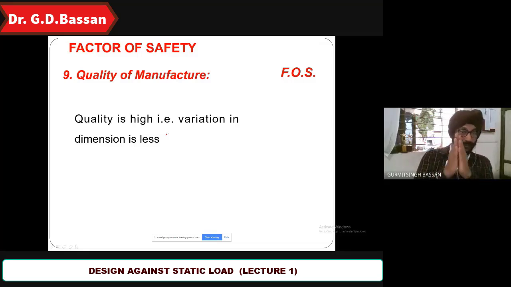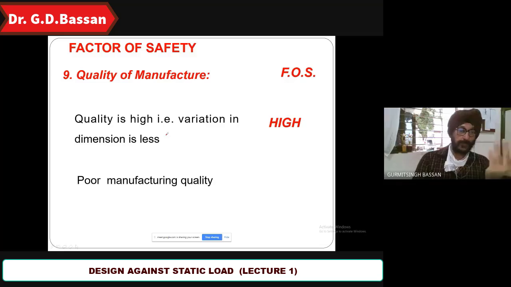If you are going to increase the quality, then subsequently the dimensions are going to reduce. So in that case, the factor of safety is high. In case of poor manufacturing quality, for a number of components that don't require high quality, in that condition we take the factor of safety as low.